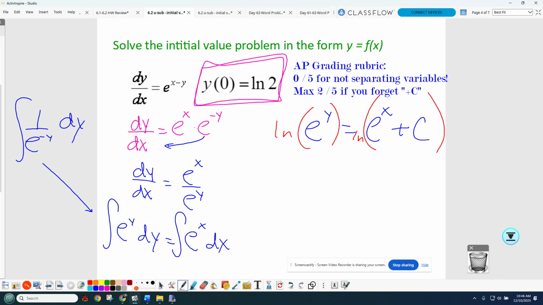When you do ln, you do it to the entire group, the whole entire side. If you were multiplying by 2, you would have had to multiply each of these blue guys by 2. So over here, natural log of e to the y is y. This one, natural log of e to the x, and that plus c is swooped in there.